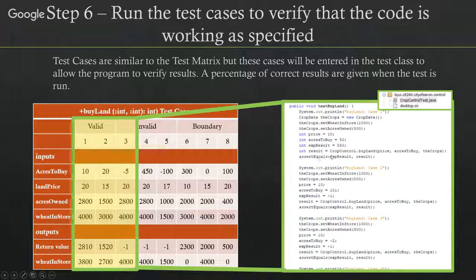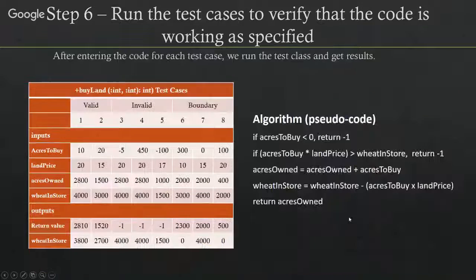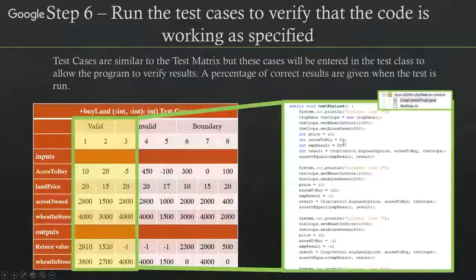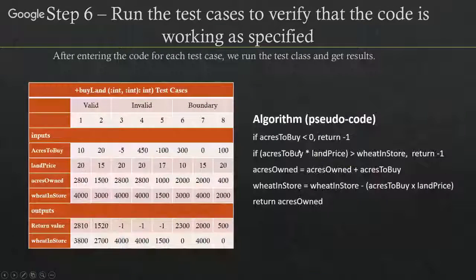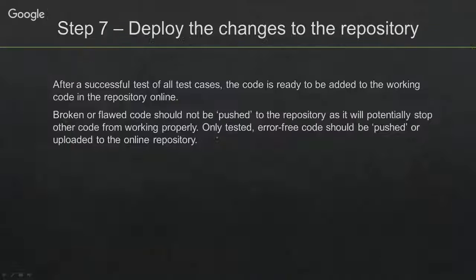Then we compare. Does the expected result equal the result? If it does, we're good. If not, we get a 0%. And we do that for all of the cases. If all of them evaluate true, then we'll get 100% on our test. Perfect. And there are some more test cases there as some more examples, but that is step 6.